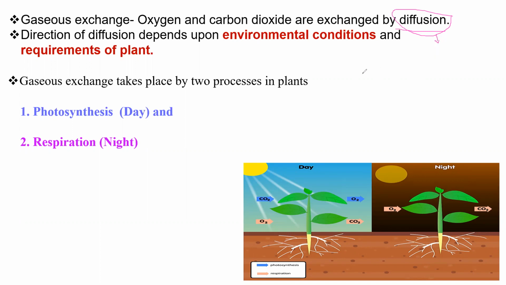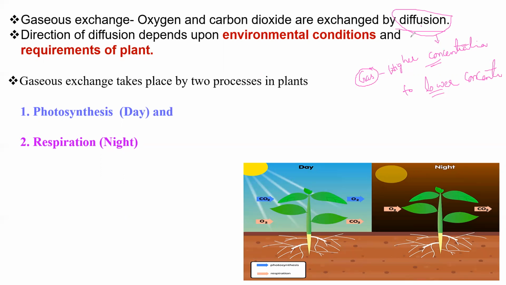Diffusion is the movement or transfer of gas or gases from higher concentration to lower concentration. When gases move from higher concentration to lower concentration, that process is called diffusion. Movement of gases from a higher concentration region to a lower concentration region can be called diffusion. You may define it like that.